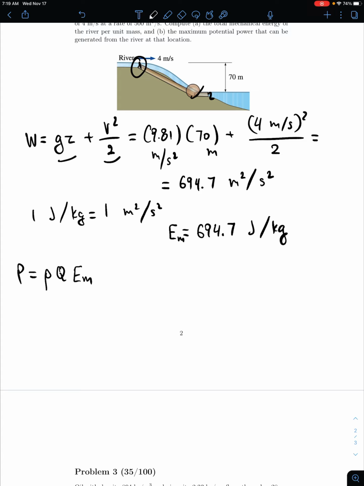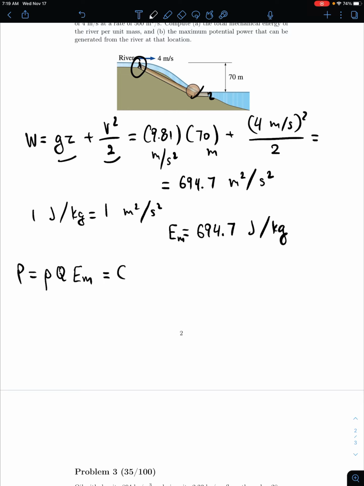Now remember, in our review problems, when we calculated the power, we usually had rho g Q times H, because we were expressing energy in terms of head in meters. But in this case, we don't need that, so we're going to have rho Q times that energy.